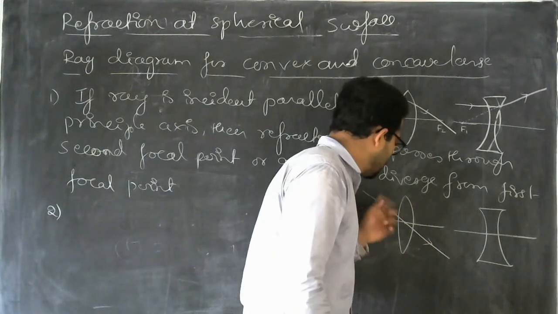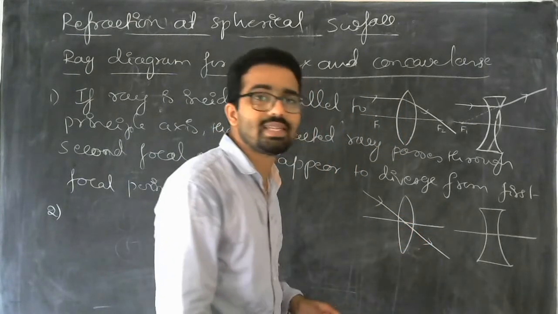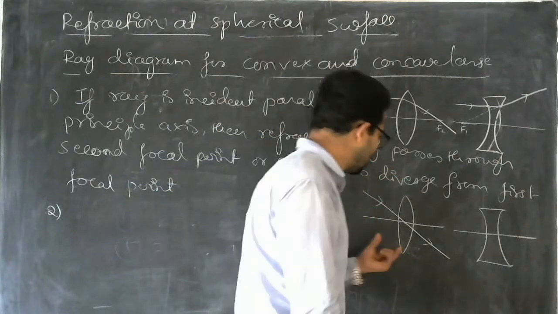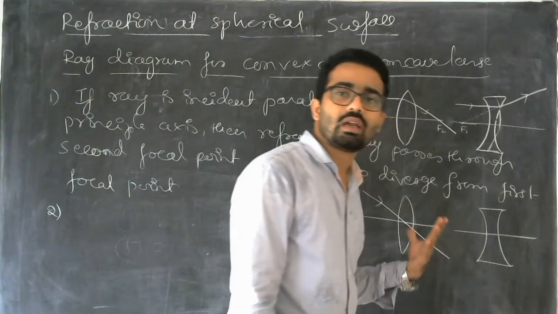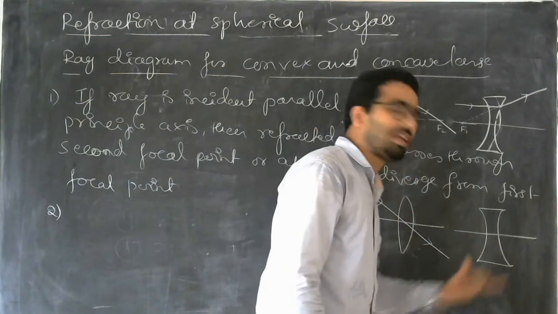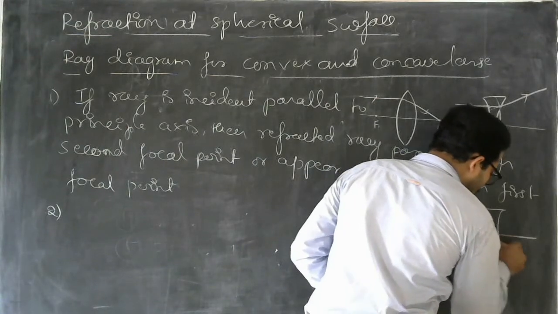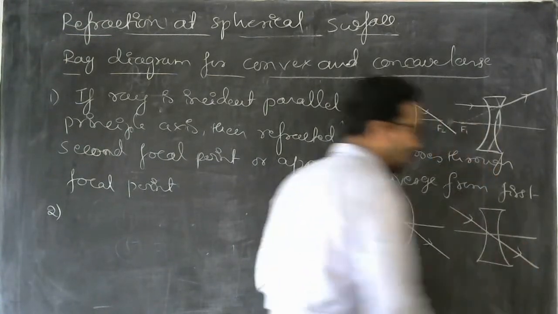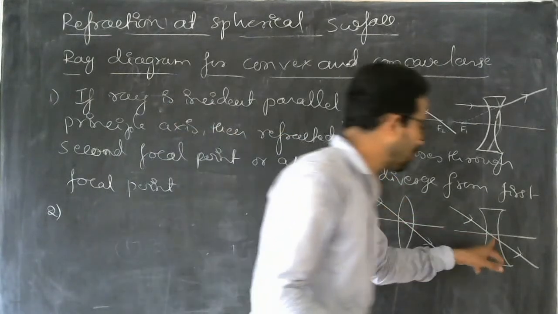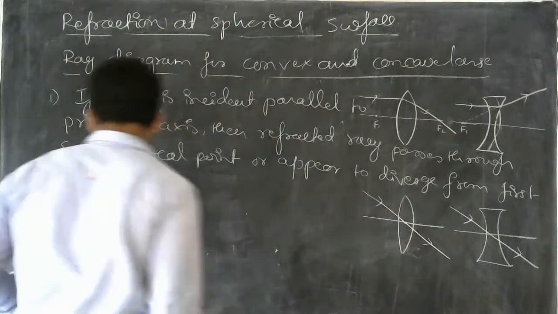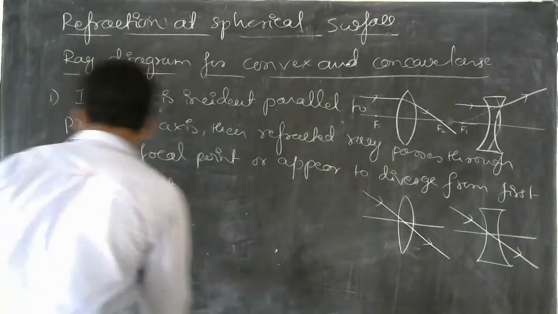There is no change in the direction of the ray when it passes through the optic center of the lens. This is in the convex lens. A similar effect will be observed in the concave lens also. Here also the ray goes undeviated. It doesn't change direction when it passes through the optic center. So this is another kind of ray diagram for both convex and concave lens.